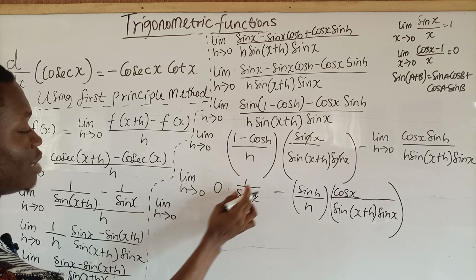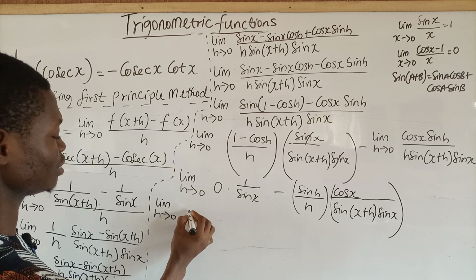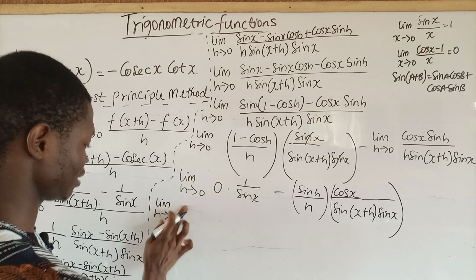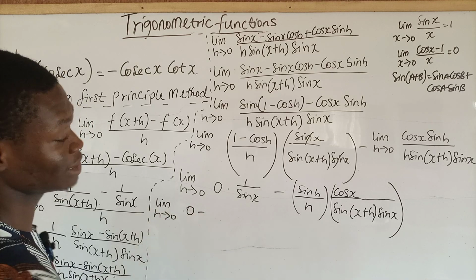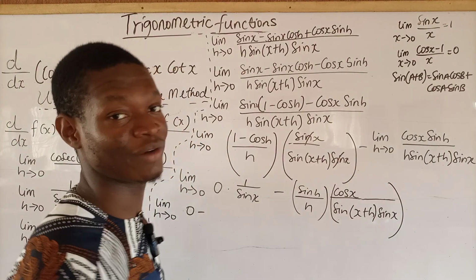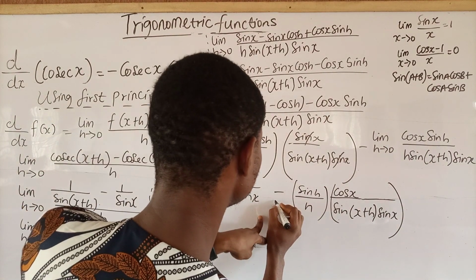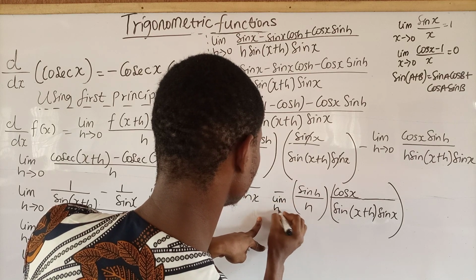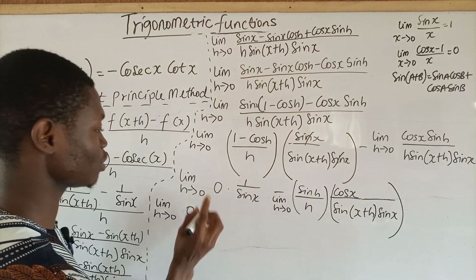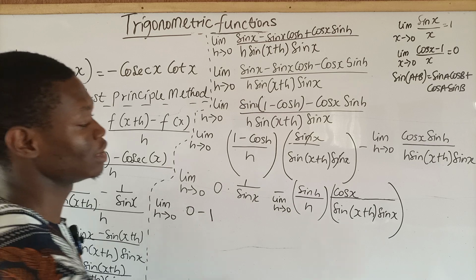This whole thing is 0 times this, which is 0, so we're going to leave it. We have 0 minus sine of an angle over the angle as the angle approaches 0. Remember to always put your limits: as h approaches 0 it is 1. So we have minus 1.